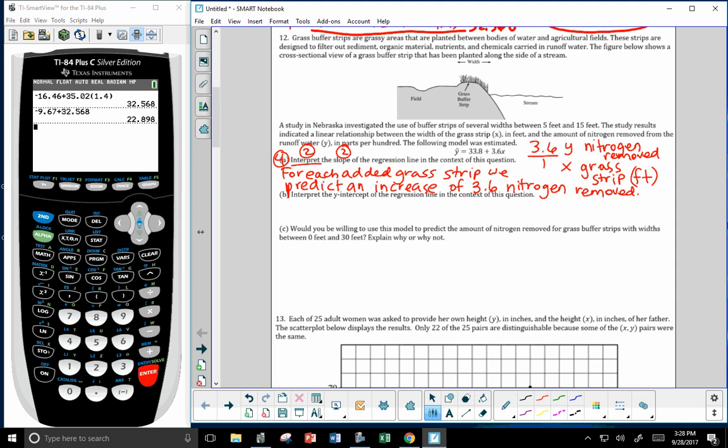So again, you take the constant as your y value, attach it to the variable that goes with y, and then let x be 0 to get your sentence.